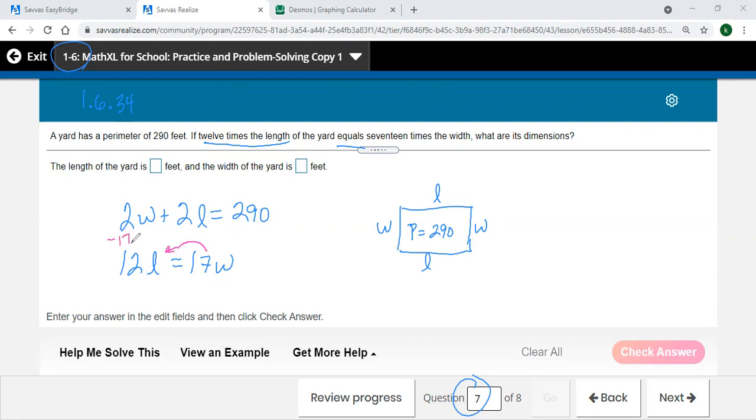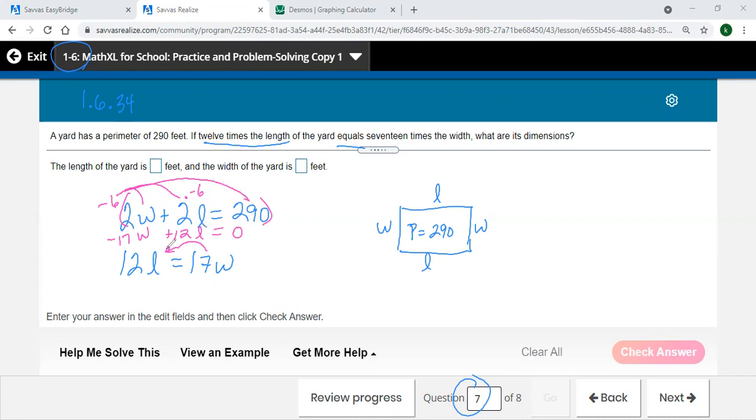We'd have negative 17W if I subtracted it on both sides here, and then plus the 12L equals 0. Now, if I multiplied this 2 right here by a negative 6, that'd give me a negative 12. So I'm going to multiply this whole equation by a negative 6. As long as you do the same thing to both sides, it's okay, right?